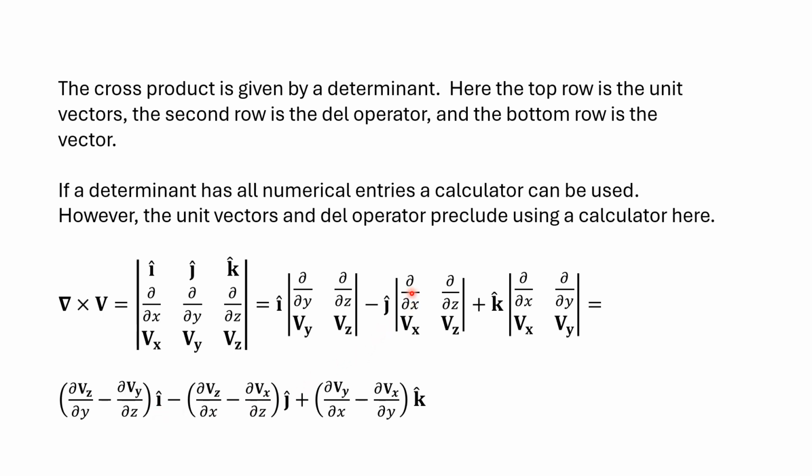Now we're going to go partial with respect to x of Vz, minus partial with respect to z of Vx, plus, signs alternate, partial with respect to x of Vy, minus partial with respect to y of Vx.